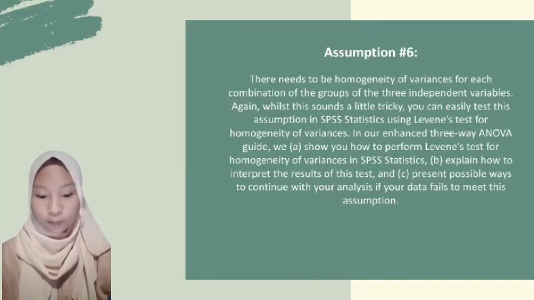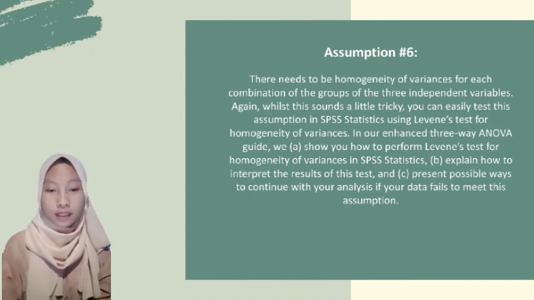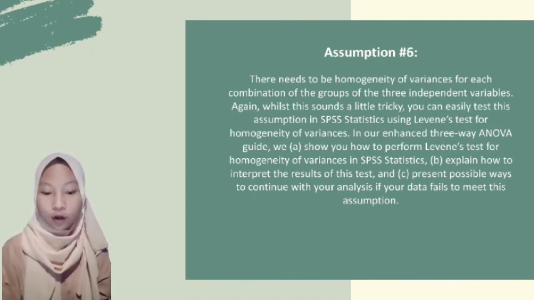Assumption 6. There needs to be homogeneity of variances for each combination of the groups of the three independent variables. Again, while this sounds a little tricky, you can easily test this assumption in SPSS Statistics using Levene's test for homogeneity of variances.